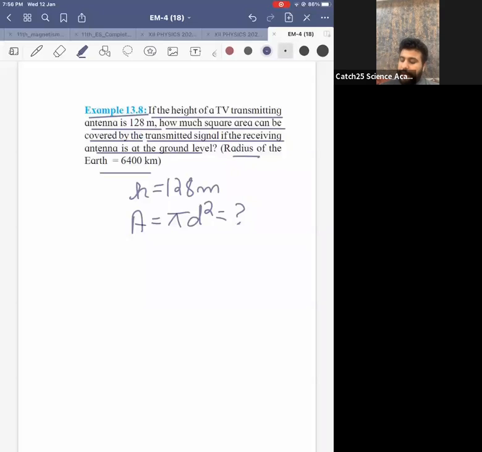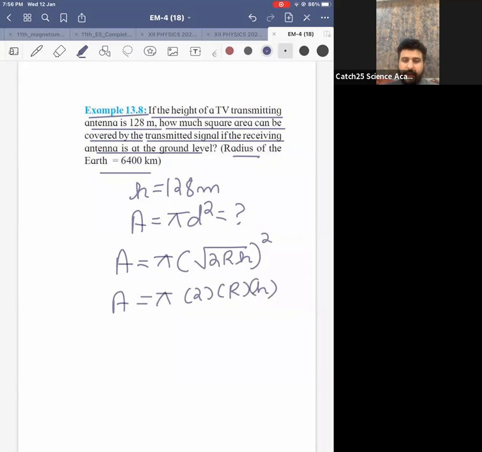Now see, how do I do it? Listen to me. Can I say area is pi d square? Can I write d square is square root of 2rh, whole square? Because d is nothing but square root of 2rh. Therefore, can I say area is nothing but pi into 2 into r into h, because square root and square will cancel.